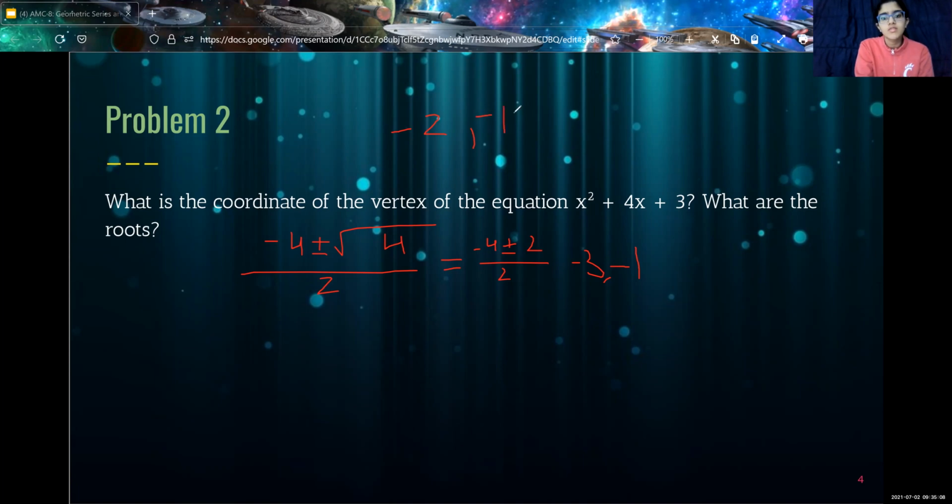So the vertex of this equation is (-2, -1), and the roots of this equation are -3 and -1. So good job to everyone who answered.